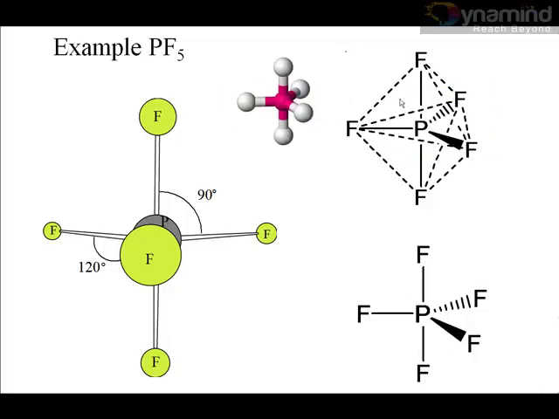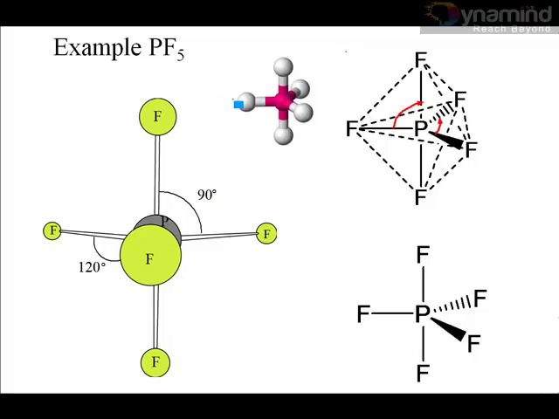Now the top atom is this, bottom is this, and PF5 shape is shown like this. So the angle here in the triangular base is 120 degrees. This angle is 120 degree, and angle between this and the top or the bottom is 90 degree. This is shown here more clearly.